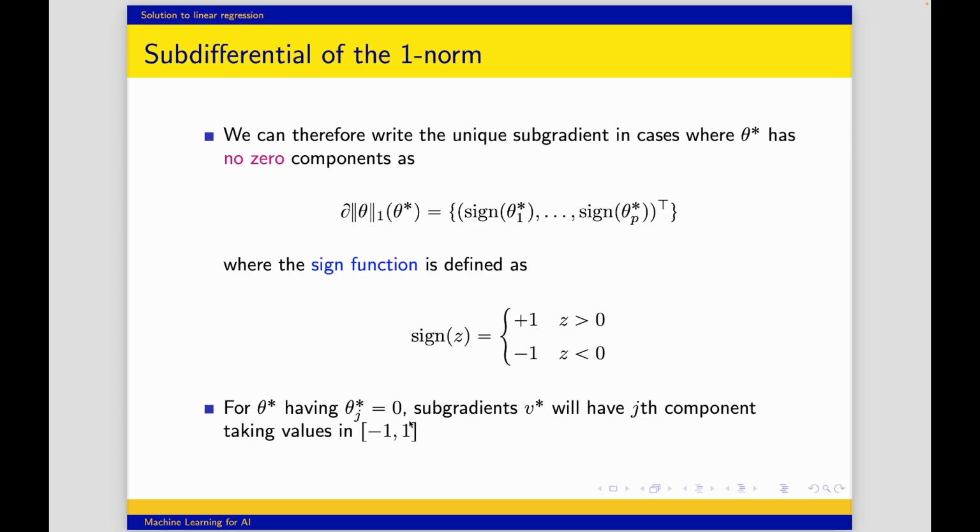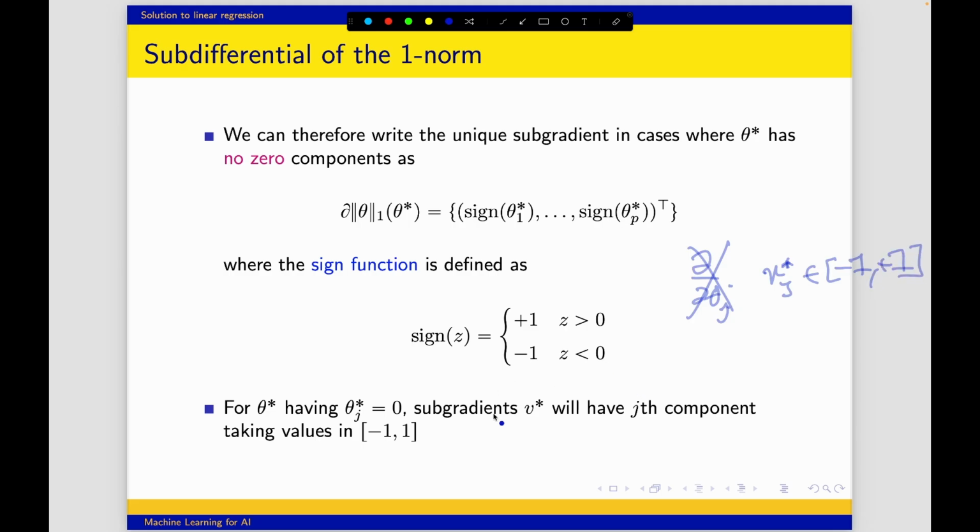Because the partial derivative in that case, d by d theta j, doesn't exist. But what does exist is a subgradient, in fact, a whole set of subgradients. And that set of subgradients, which we call Vj star, will be all numbers between -1 and +1.